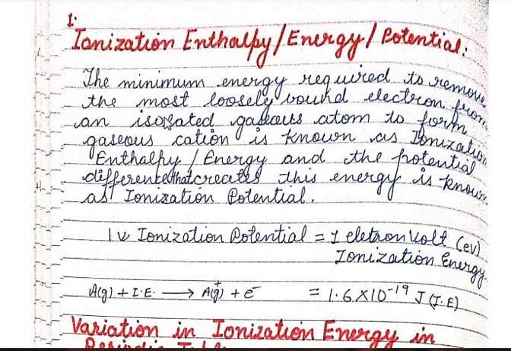The minimum energy required to remove the most loosely bound electron from an isolated gaseous atom to form a gaseous cation is known as ionization enthalpy or energy, and the potential difference that creates this energy is known as ionization potential. 1 volt ionization potential is equal to 1 electron volt or 1.6 into 10 to the power minus 19 joule ionization energy.